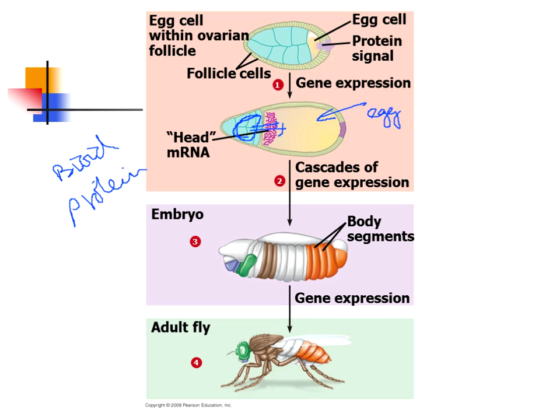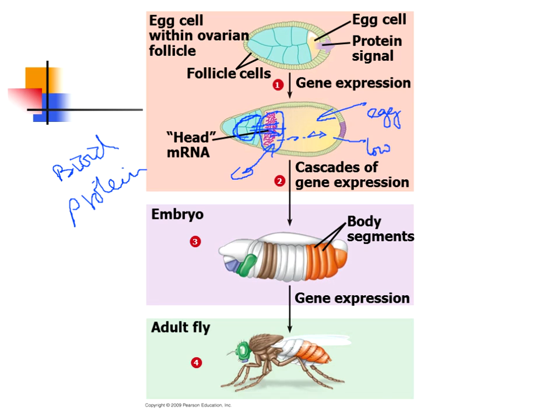Okay, so remember, this is just messenger RNA right now. If the messenger RNA is going to be produced this way, then the messenger RNA is going to diffuse through the egg cell, and you're going to have a higher concentration of the messenger RNA over here and a lower concentration over here.